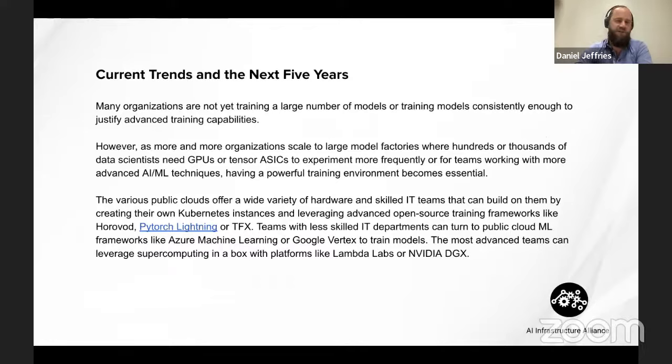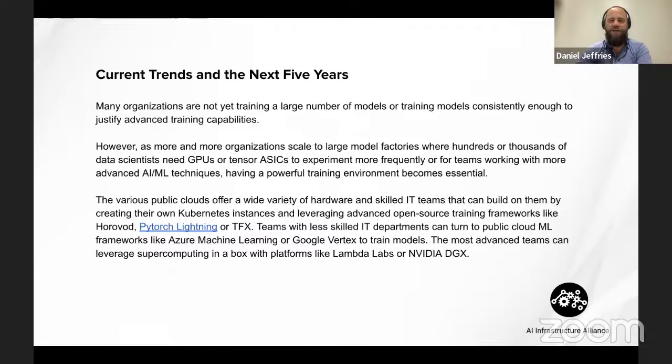The current trends in the next 5 years. Most organizations are not yet training a large number of models, or training models consistently enough, to generate advanced training capabilities. Of course, this is changing every day. Many companies are getting to hundreds or thousands of models in production if they're heavy ML users.